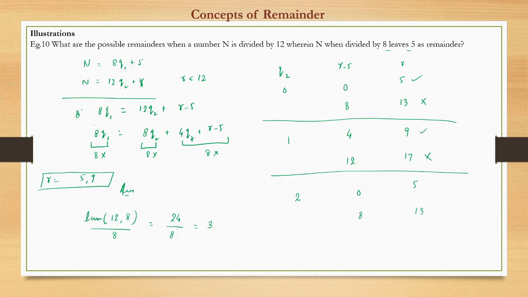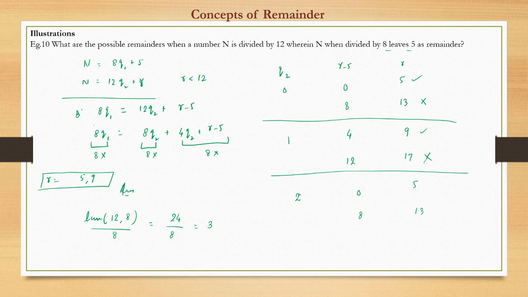Now, when q2 is equal to 1, this is a 4, so r minus 5 can be 4, or the next term would be 12. So for 4, r will be 9. Fine. If it is 12, then it becomes 17, which will not be a valid case because r has to be less than 12.